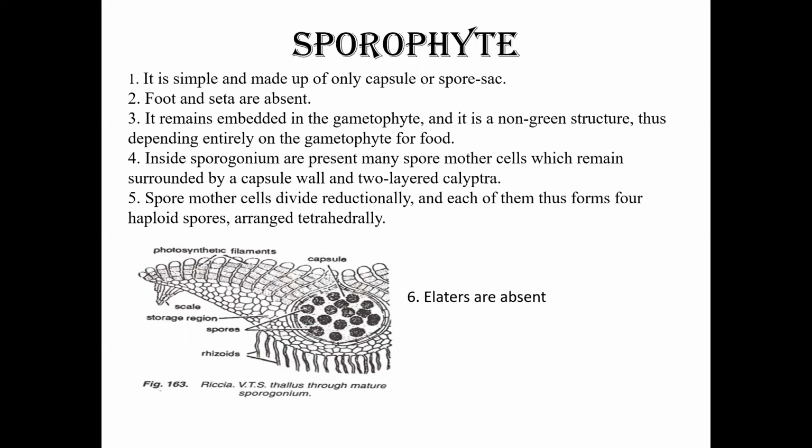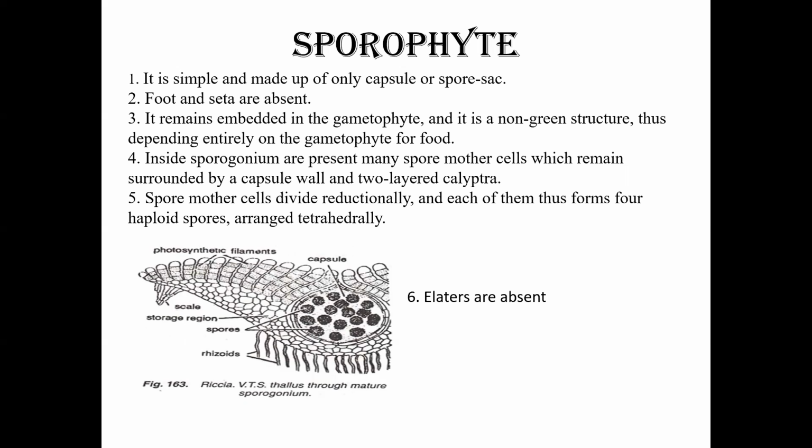Then the sporophyte. After fertilization, the zygote secretes a wall around it, enlarges in size, and nearly fills the cavity of the venter. The venter cells are stimulated by the process of fertilization.